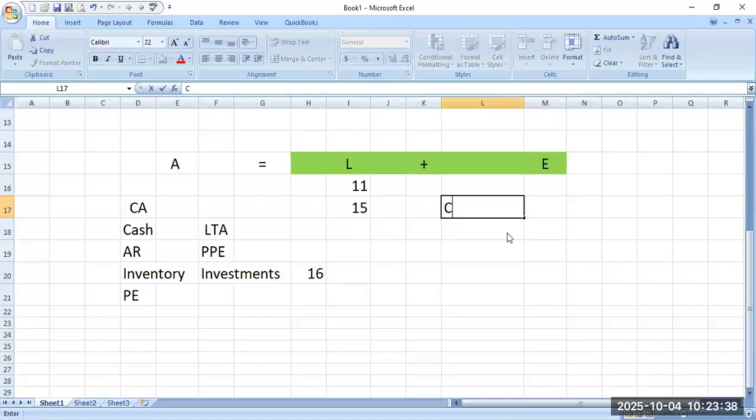We're going to have contributed capital and we're going to have retained earnings. And now we're going to start building from where the contributed capital comes and from where the retained earnings comes. And we're going to see how we're going to start building this Excel spreadsheet, and we're going to come up with the different things. Let's go back to the slides.